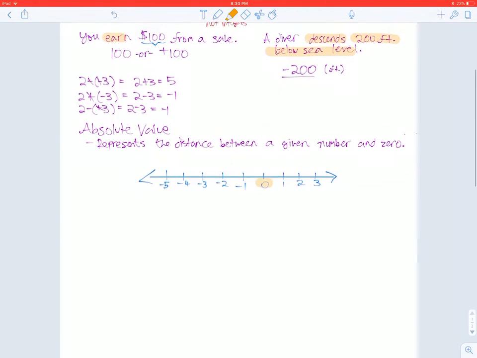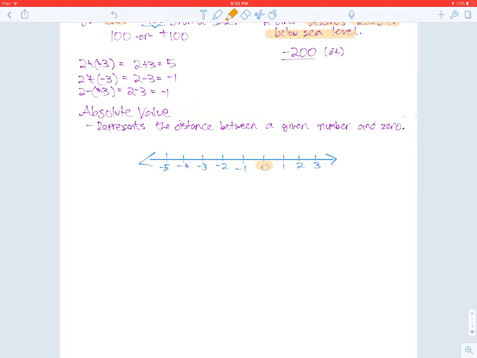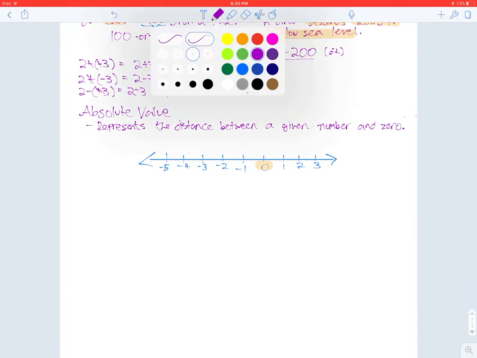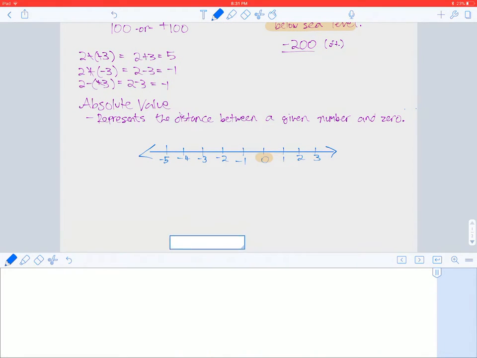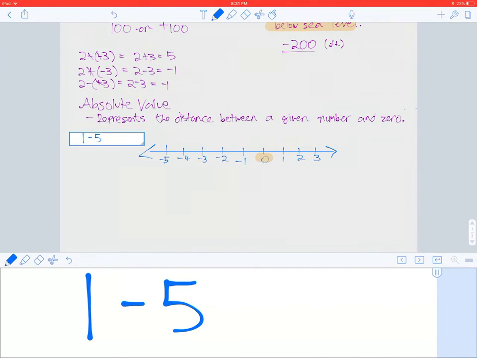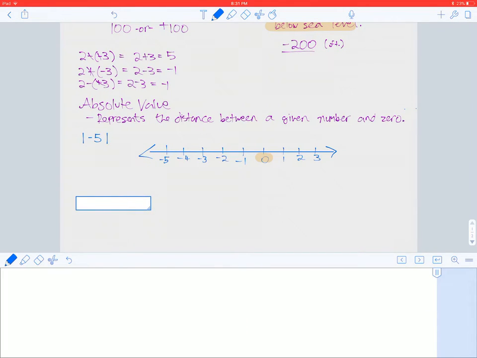Then what if we want to find the absolute value of -5? The symbol that represents absolute value is just these straight bars that the number is encapsulated within.